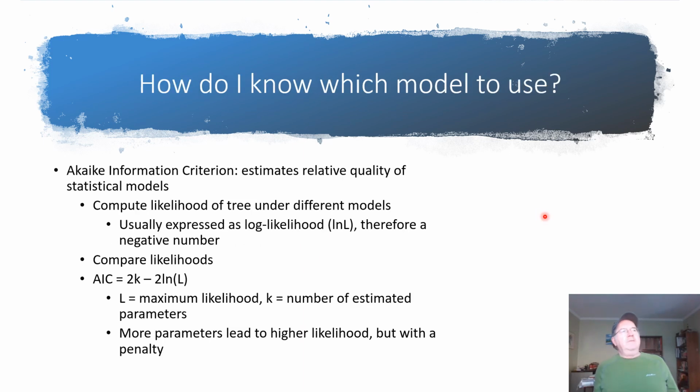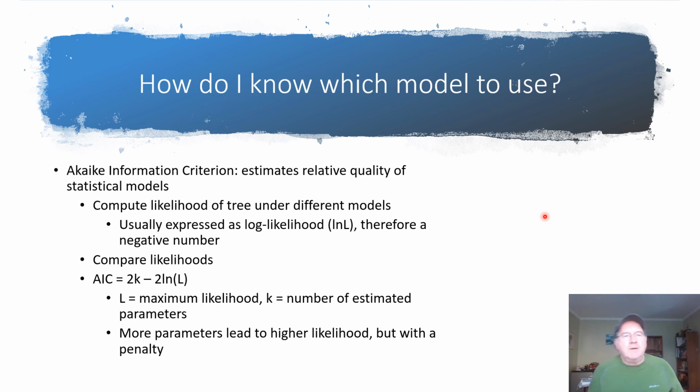For that, what people use these days, and perhaps some of you have done this in ecological problems as well, is a statistic called the Akaike Information Criterion, or just AIC, which is a way to try to estimate the relative quality of the statistical models that are underlying your analysis.